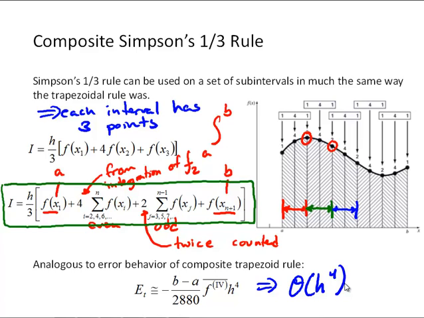And a key distinction here is we have 3 points, but our h for each interval for Simpson's rule is over 2, and involves 3 points there. So that's a key difference for Simpson's 1/3 rule.